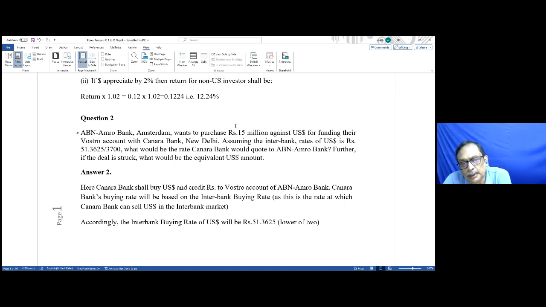Accordingly, the interbank buying rate of the US dollar will be rupees 51.3625, being the bid, that is the lower of the two rates.